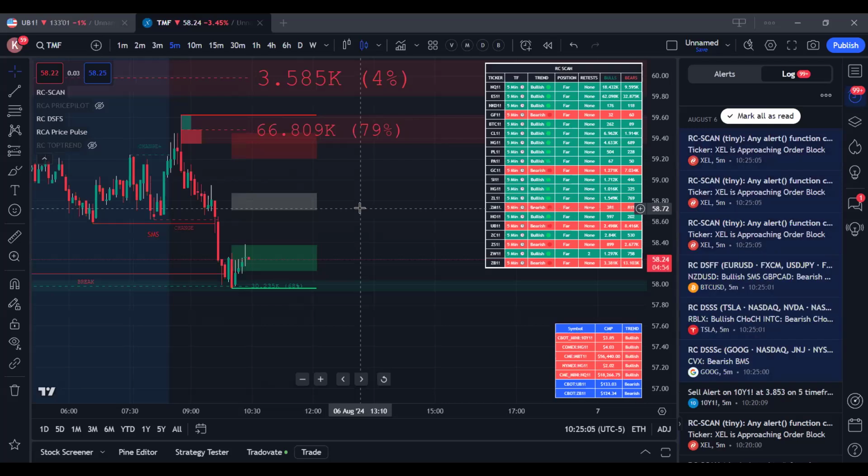So we are waiting for TMF to see whether it can do a double bottom, or if it shows a nice green candle, we can buy calls.